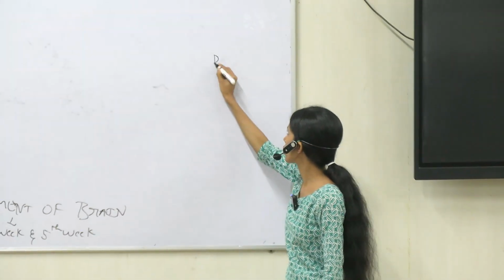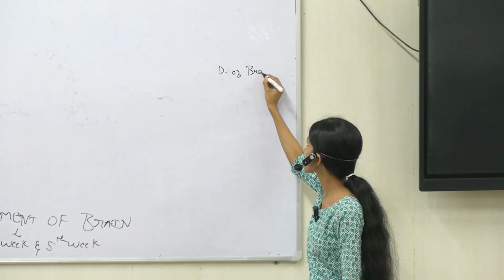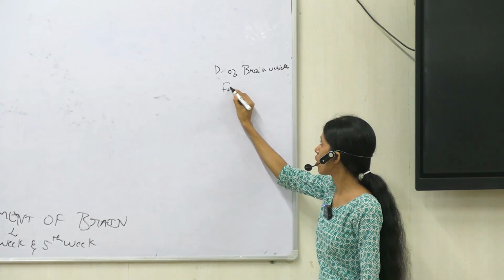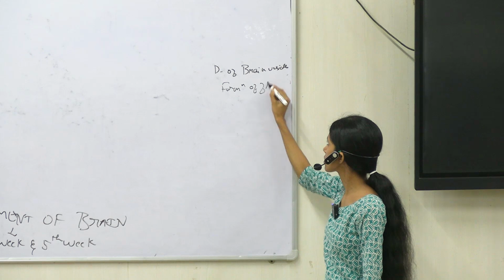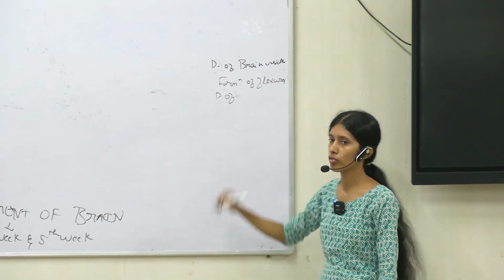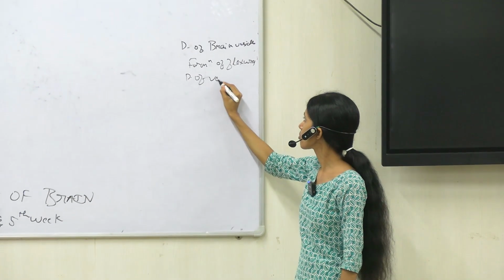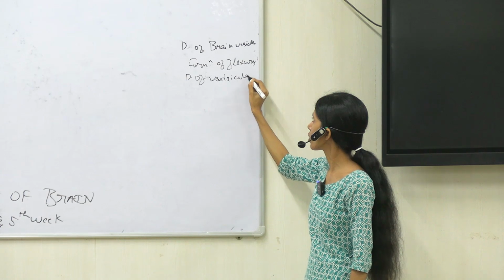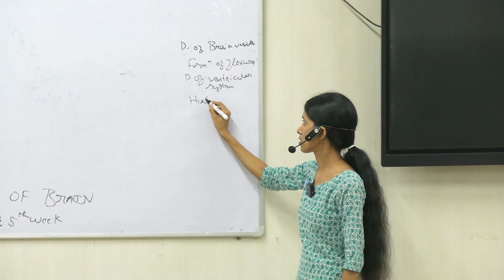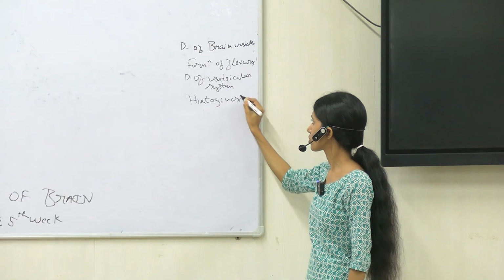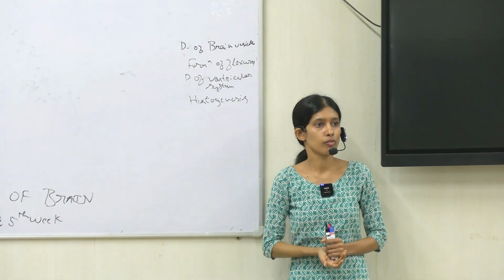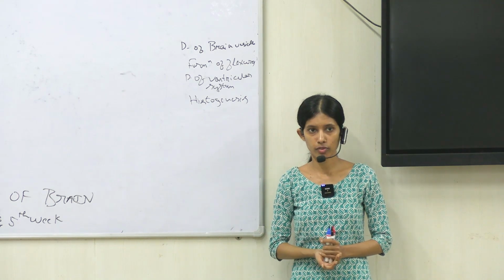The development of brain vesicles, the formation of flexures, the development of the ventricular system, and the last one is histogenesis. These are the 4 basic topics we should be aware of before stepping into the development of the brain.